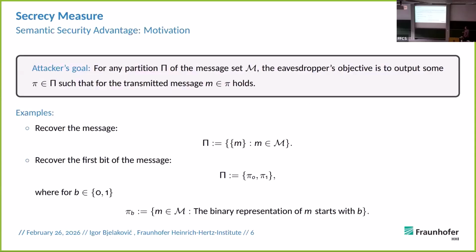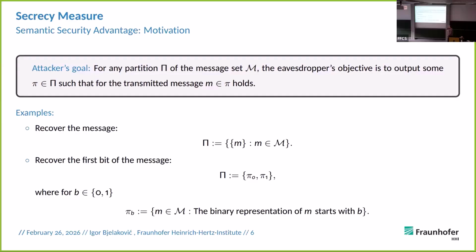Now the security or secrecy measure. We decided to use semantic security, because it's well established in cryptography, and there's an adapted version for wiretap channels, so it's easy to explain. We have a set of messages, and the goal of the attacker is just to take a partition of the message set and try to decide whether the message sent is in a partition element or not.